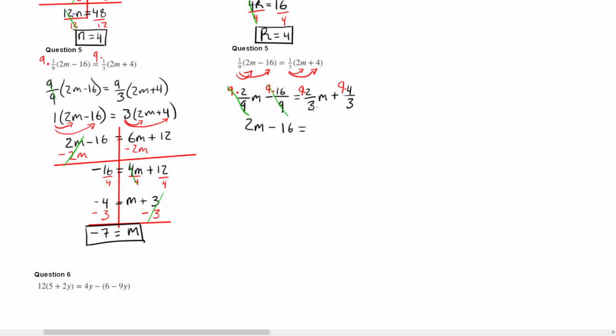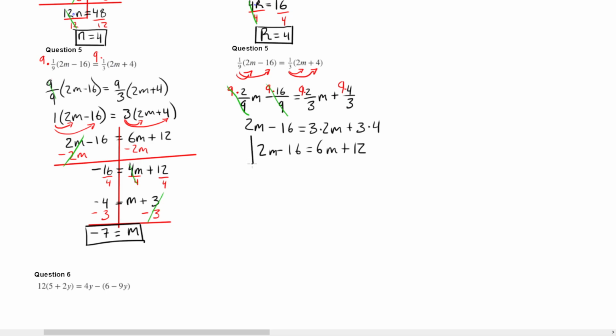So let's do 9 divided by 3 is 3 times 2m, and 9 divided by 3 is 3 times 4. We simplify this side, I would get a 6m and a 12. And then we copy everything else down.